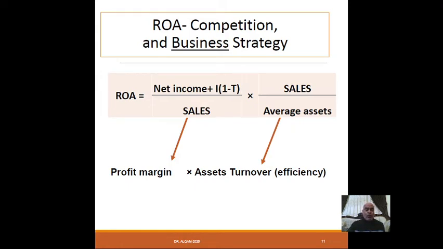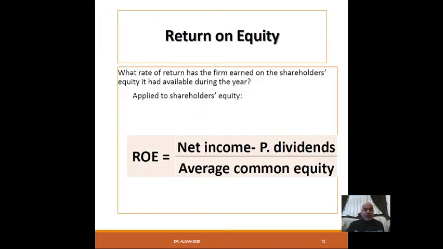So if we want to enhance our return on assets, we have 2 major strategies: enhancing our profit margin, or the company's ability to generate profits from its sales, or enhancing the company's ability to generate sales from its assets. So get more profit from $1 of your sales, or sell more. These are the 2 strategies. You can use them to enhance your return on assets.